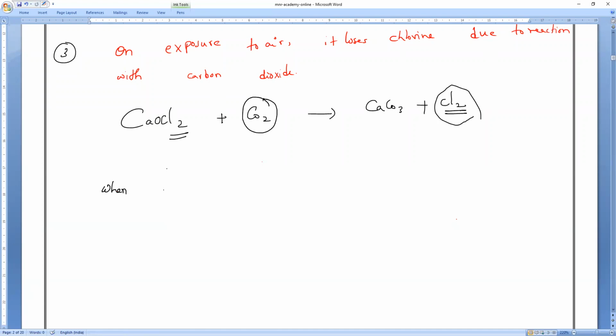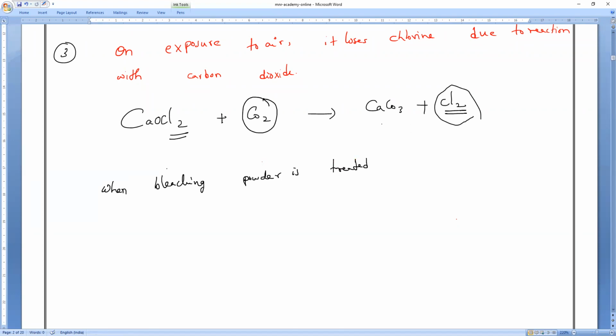They will ask you to write a chemical equation where the rate at which chlorine is released increases. Then it has to react with what? Acid. So bleaching powder is treated. Next one, that is what we call bleaching of cloths.